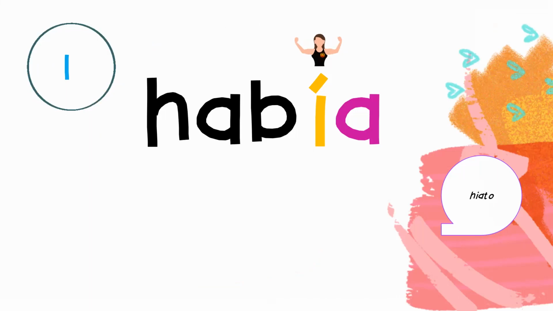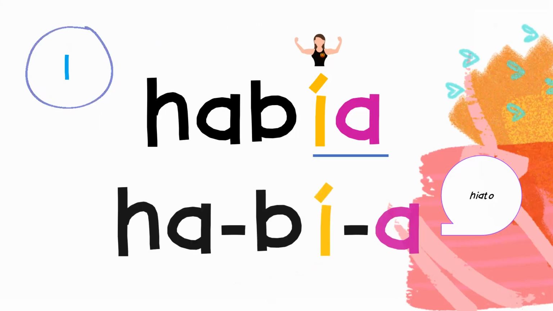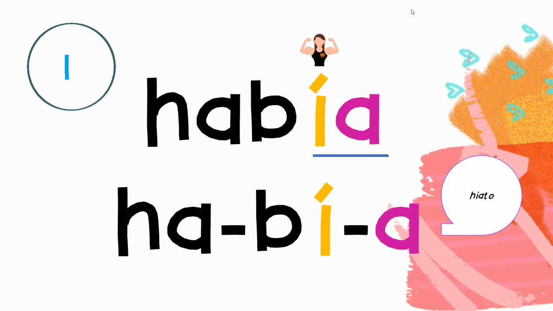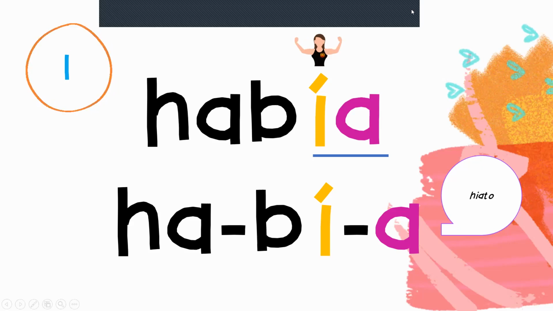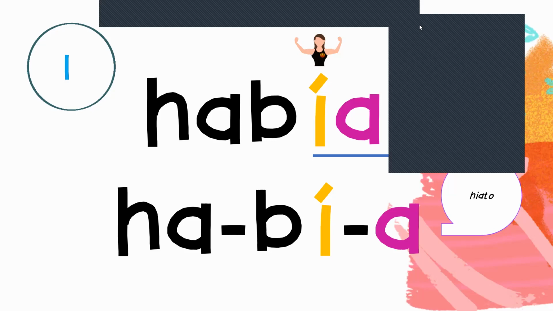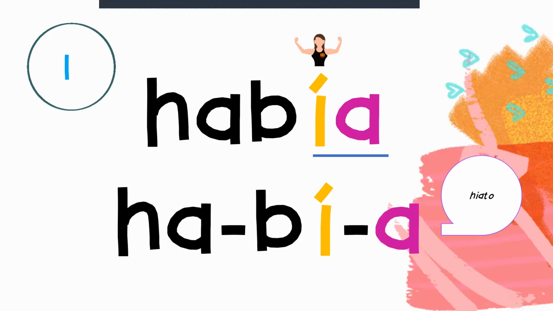But when we have a weak and a strong vowel together, listen: if the strong part of the word is the weak vowel, then the strong part of the word divides the word. So instead of saying había, we say ha-bí-a. When the separation of vowels happens, we call this hiato, the separation of vowels.